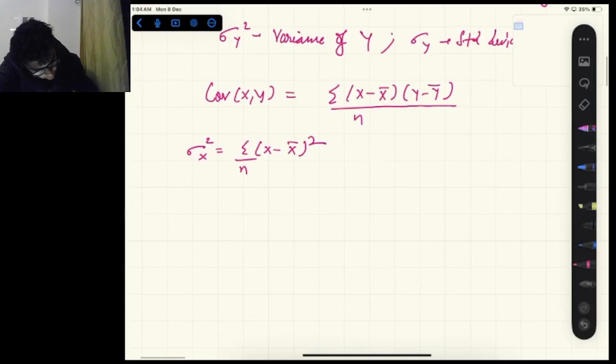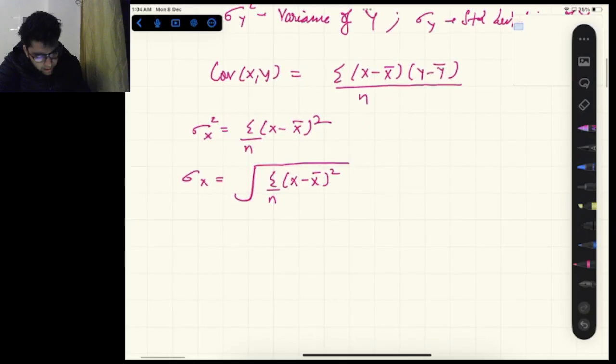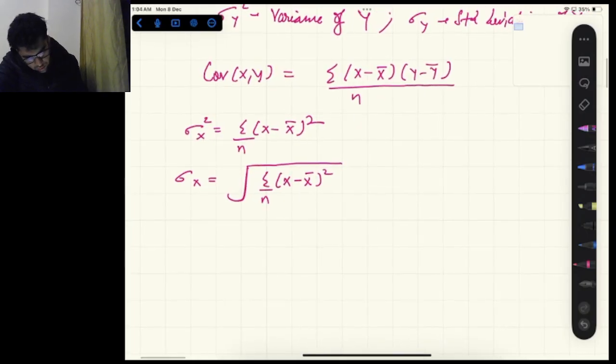So if I want to find out the root of this, which is the standard deviation, it will be the root of sigma by n xi minus x bar whole square, right? So I'm writing this formula in terms of deviations and not expectations. There is also an alternative formula in terms of expectations, but this proof which I'll be solving right now will deal with deviations and not with expectations. So I'm not using the expectations notation here, right?